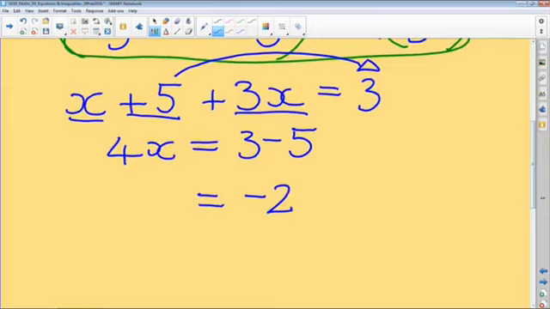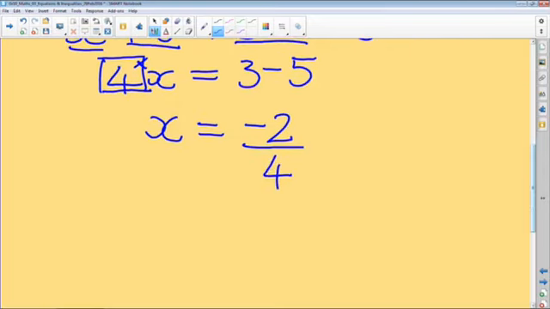Now, I've got the x, but I need to get rid of the 4. The 4 is multiplying the x, which means when I take it to the other side, I'm dividing by 4, giving me an answer of x equals negative a half.